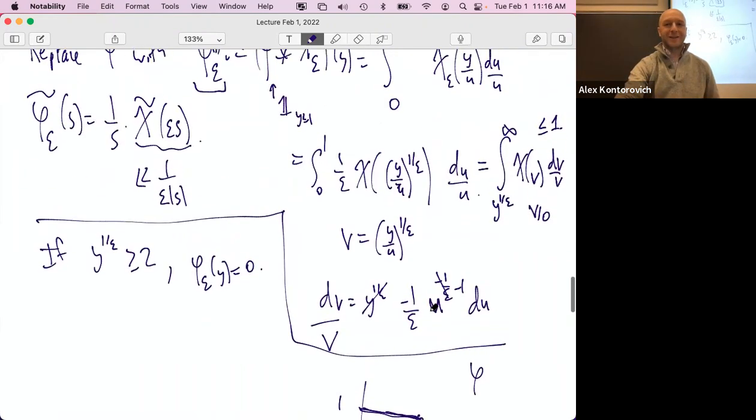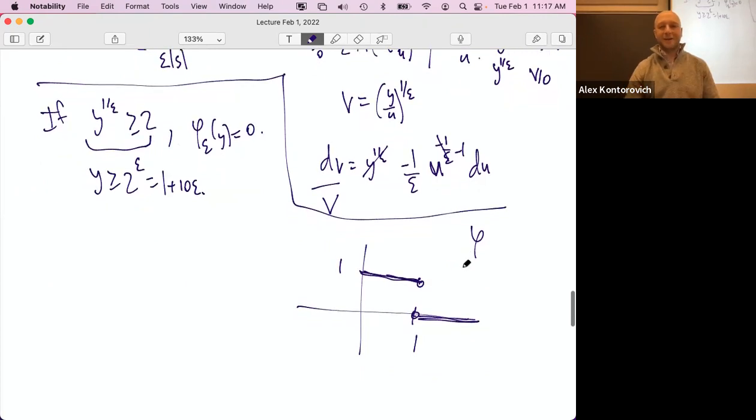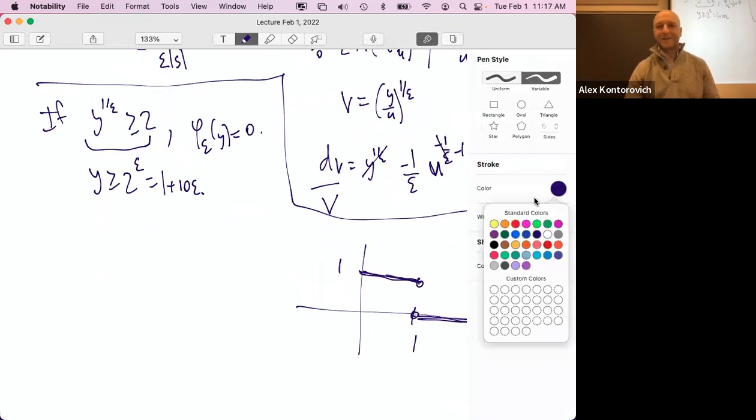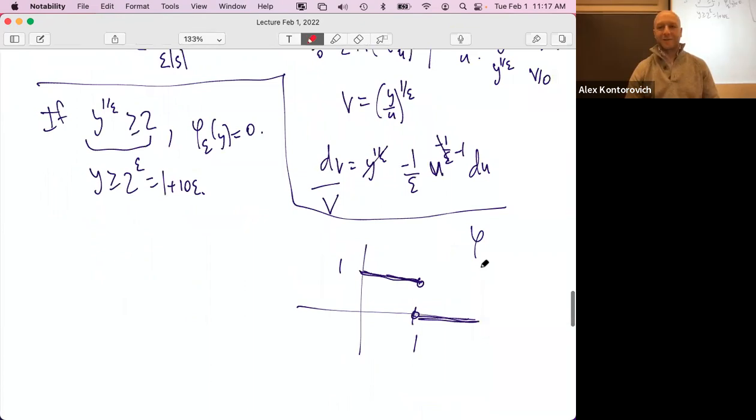So what's this phi epsilon? Well, it's always between 0 and 1. Let's look at this condition. This says if y is greater than 2 to the epsilon. 2 to the epsilon is like 1 plus 10 epsilon or something. So if y is bigger than that, let me draw phi epsilon in another color. Phi epsilon starting at 2 to the epsilon is 0. And if you want to take a guess, until 2 to the minus epsilon, it's going to be 1.